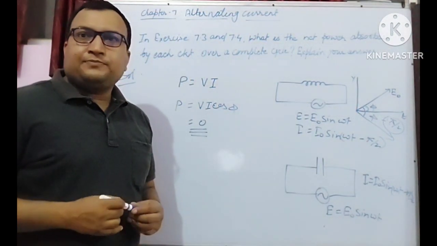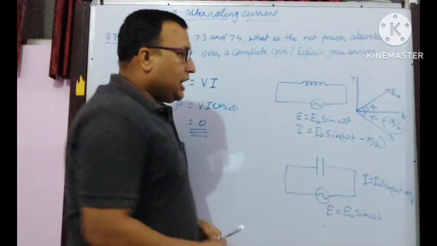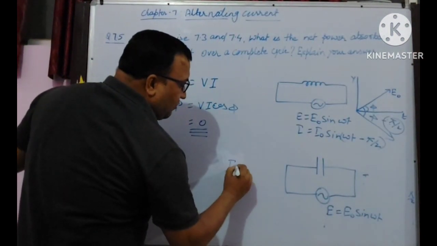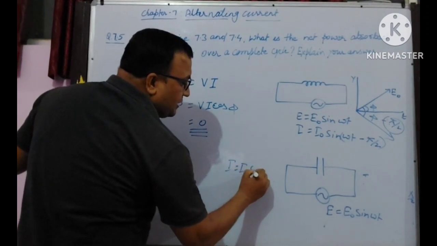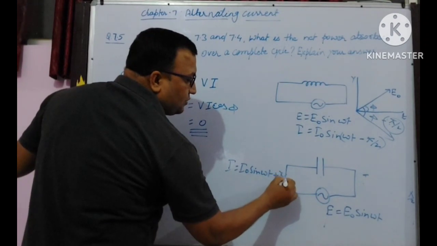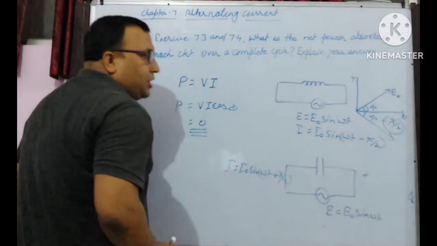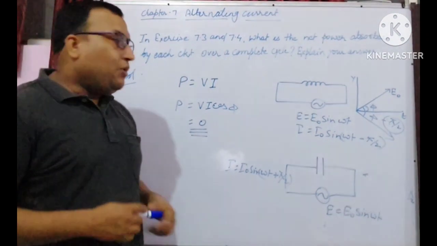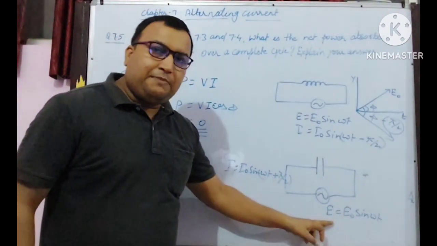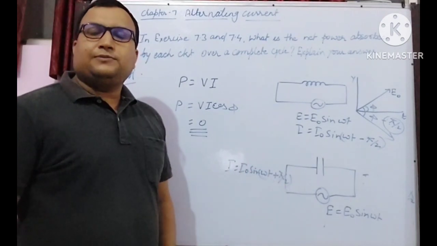You have the idea? I will write here again. I equal to I0 sin omega t plus pi by 2. Okay? So what we are observing again here, the phase difference between EMF and the current is 90 degrees.